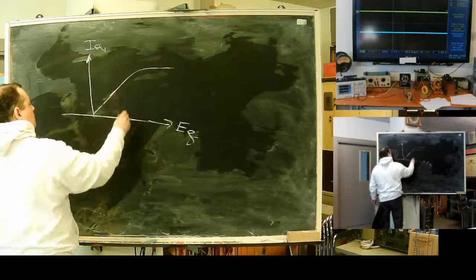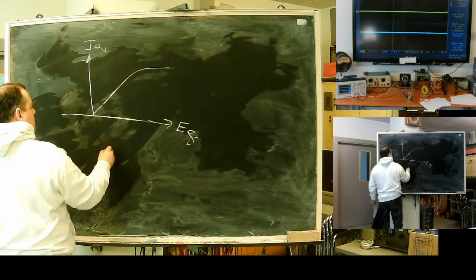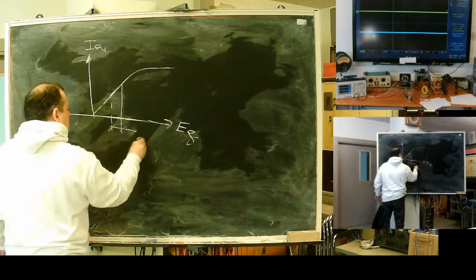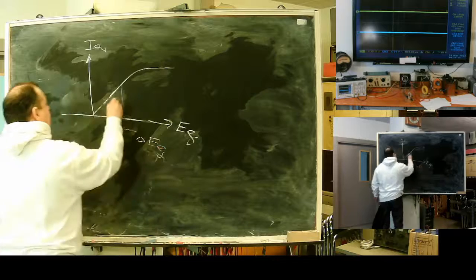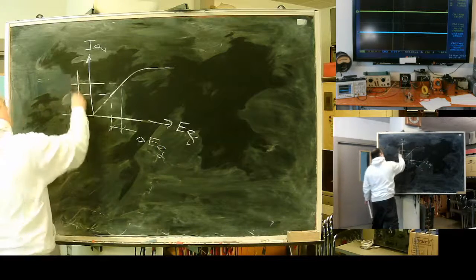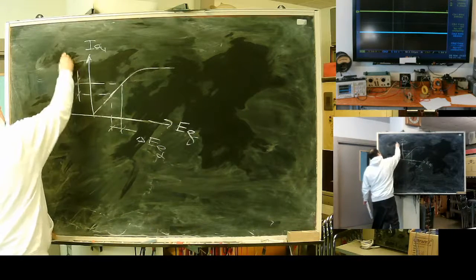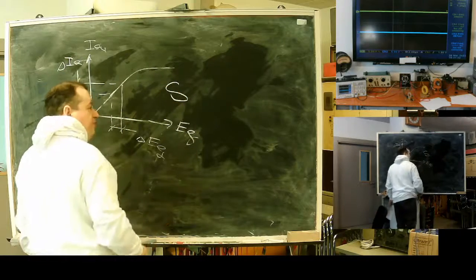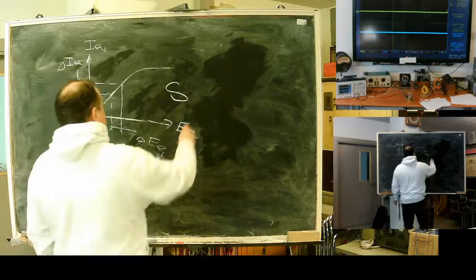At this point, delta of anode current over delta of grid voltage is the amplification parameter.